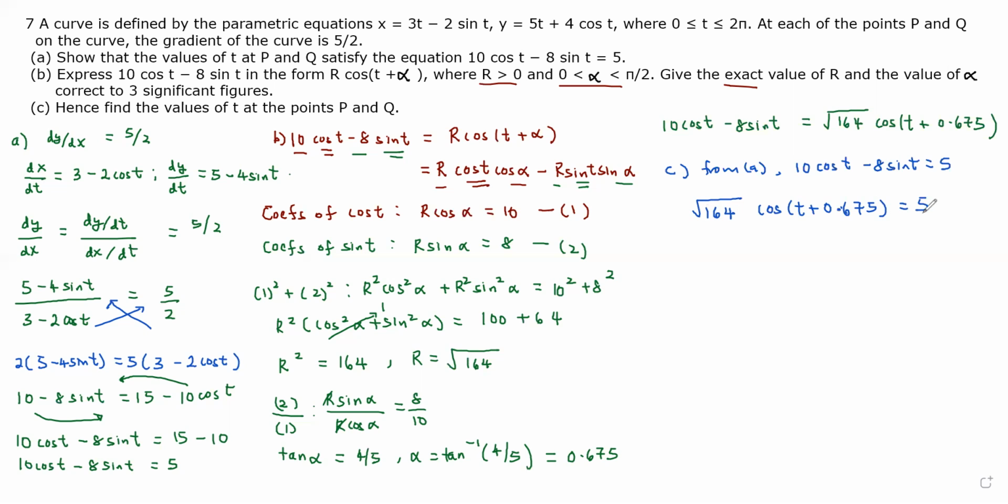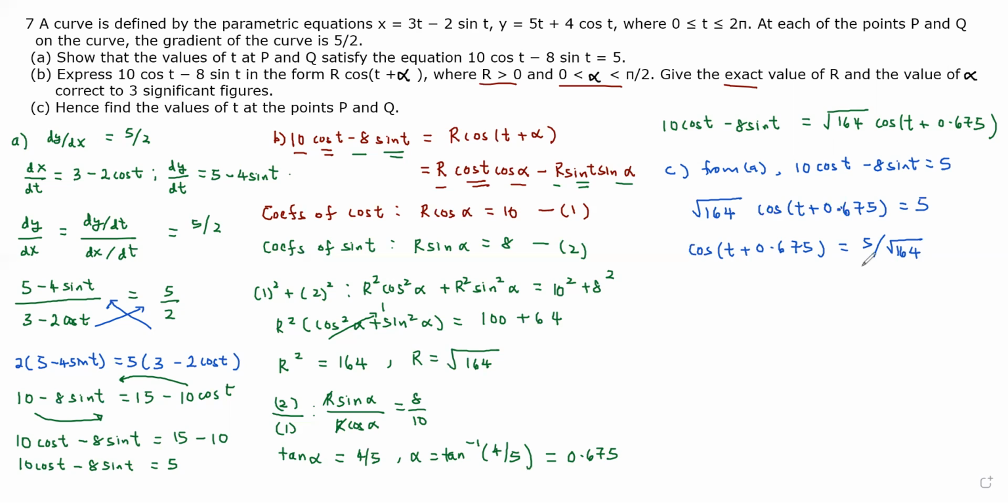We only need to solve this equation. We isolate cos(t plus 0.675) by dividing throughout by square root of 164. Cos(t plus 0.675) is 5 over square root of 164.